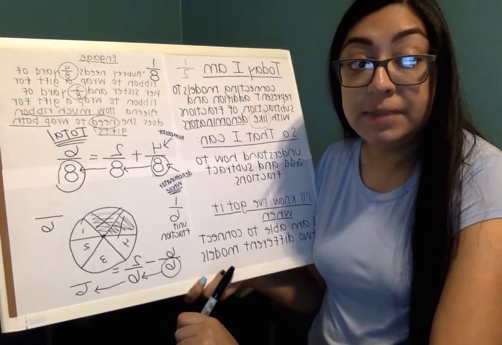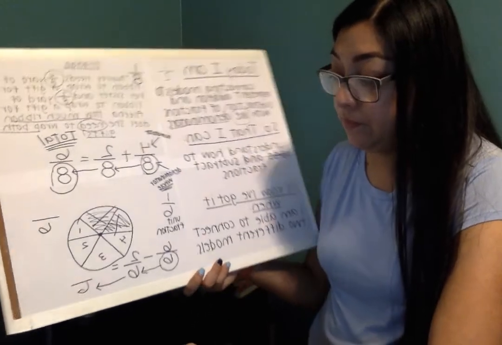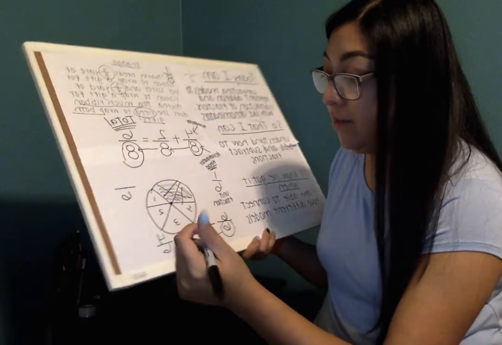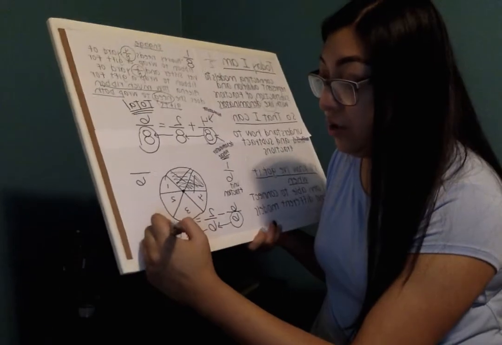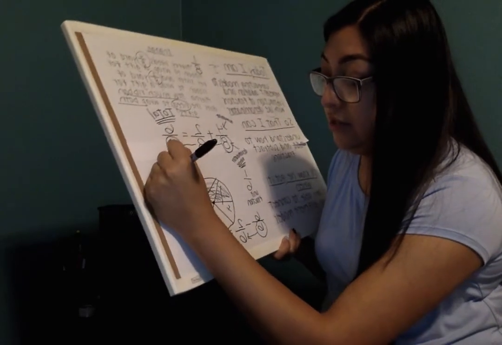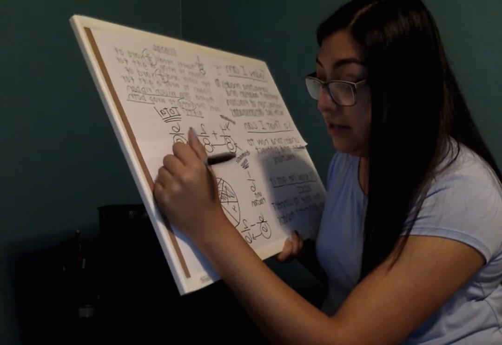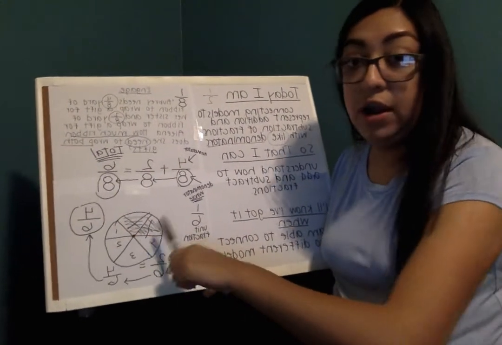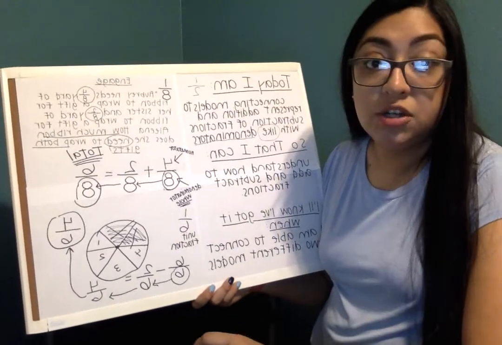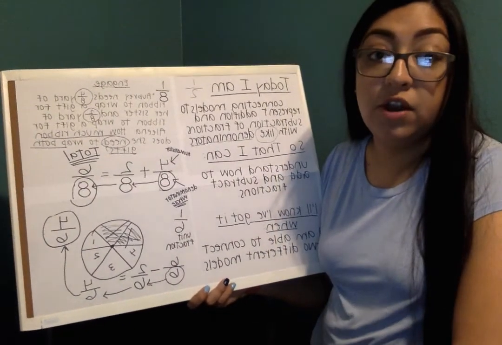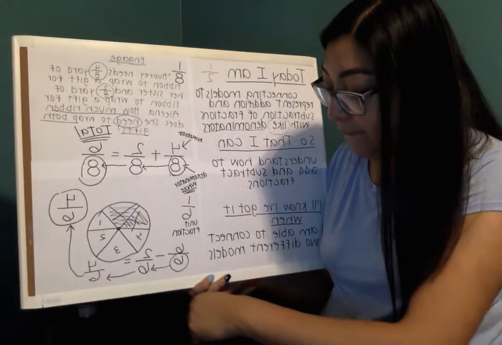And what is 6 minus 2? 4. Correct? Good job. So we now know that whatever's left is 4/6. And that's going to be our answer to this question. He had 4/6 left over, and that's how much he put away.